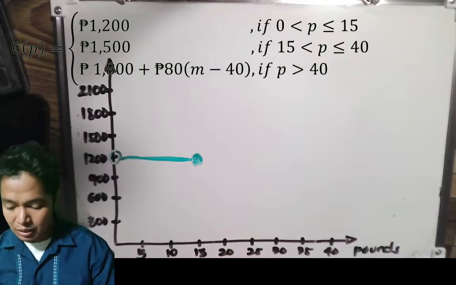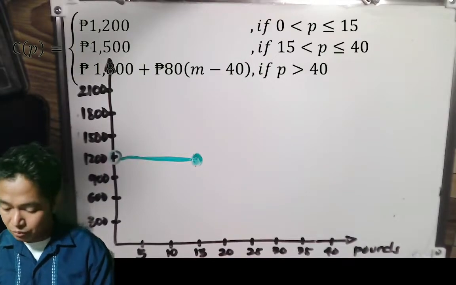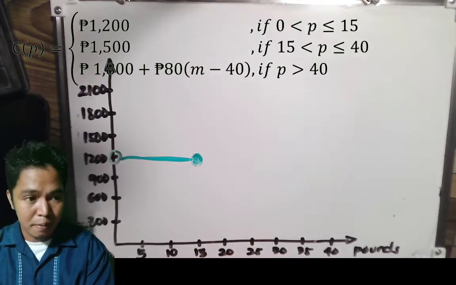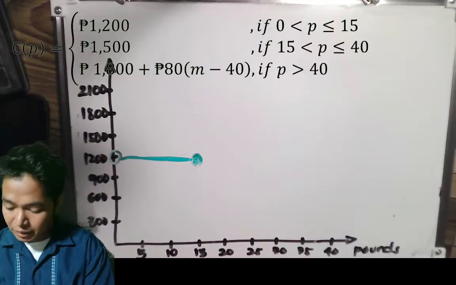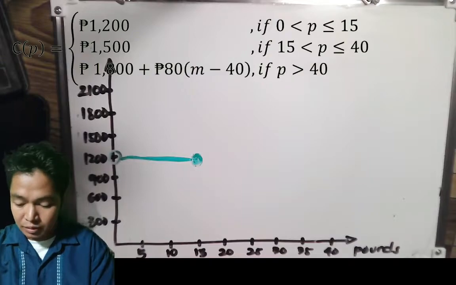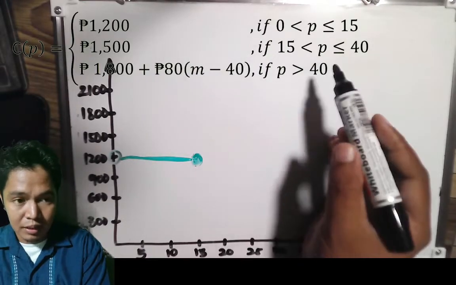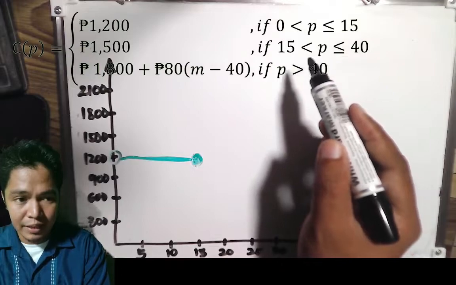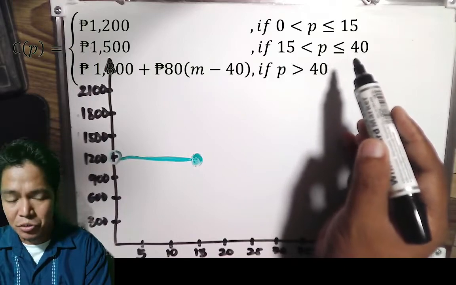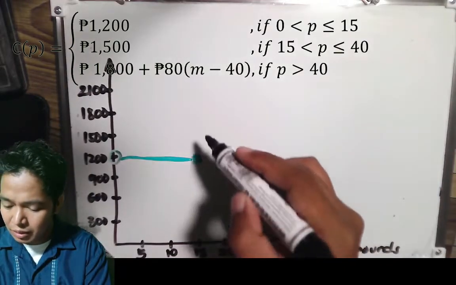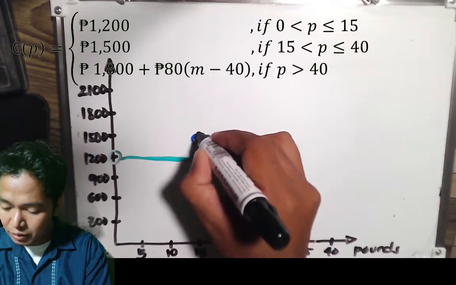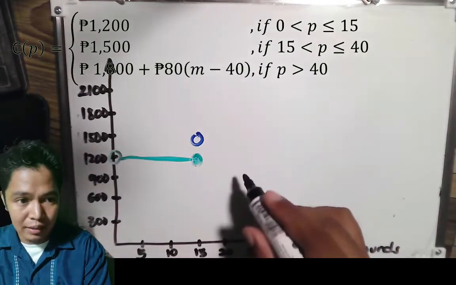Pangalawa is yung 1,500. Yung 1,500 ay kapag ang number of pounds is greater than 15 and less than or equal to 40. So, 15 is not included. So, ibig sabihin, open dot ulit siya. And then, hanggang 40.